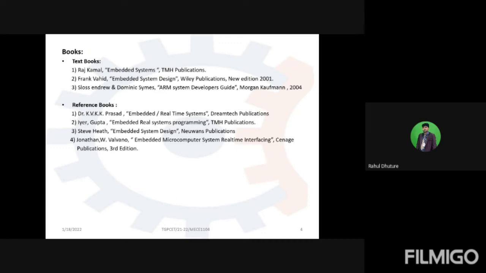In the Raj Kamal textbook, the whole syllabus is covered. Some students can also refer to the reference books by Prasad and Lyla Das Gupta, available in the market or in our library.